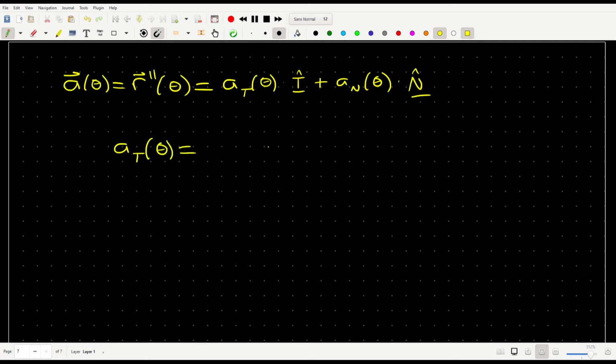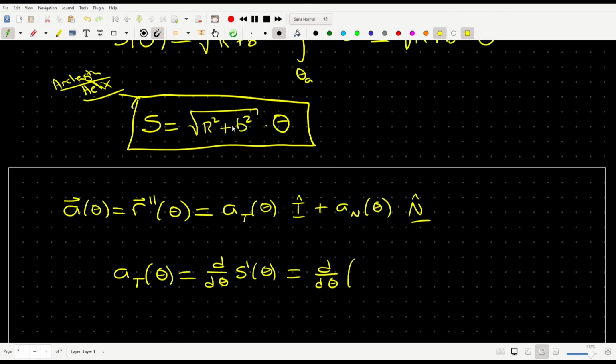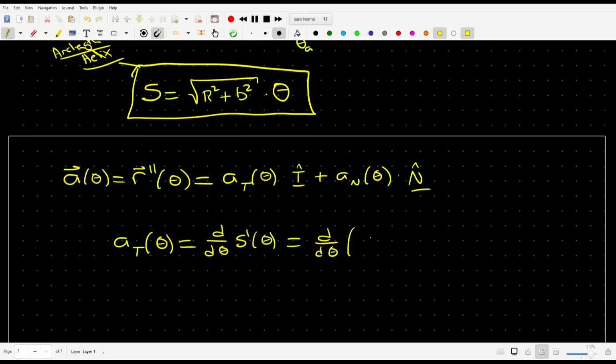A_T of theta is going to be the theta derivative of s prime of theta. S prime of theta is the square root of r squared plus b squared, which is constant, and the derivative of a constant is 0. So the helix has no tangential component to its second derivative.